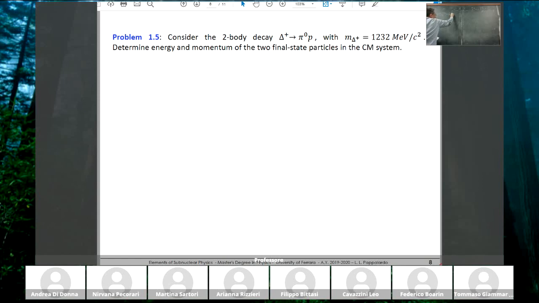Since we are at rest, this is nothing else than the mass of the delta plus and 0 momentum.